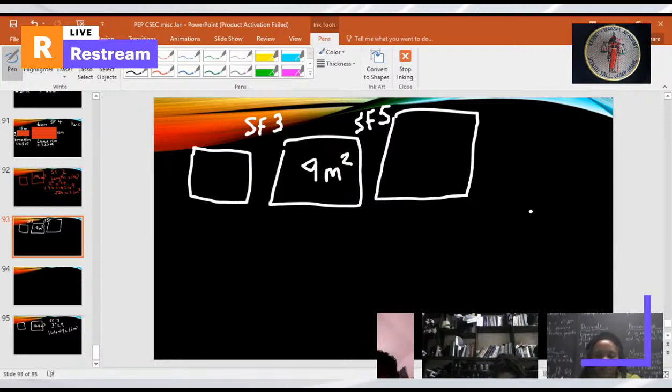Convert that one. Oh, it's 5. Yes, 5. What's the area of the largest one?